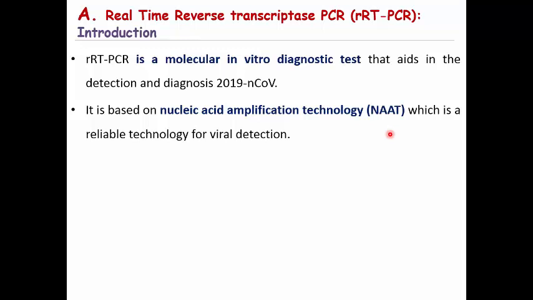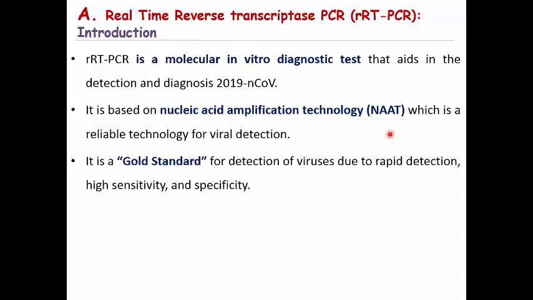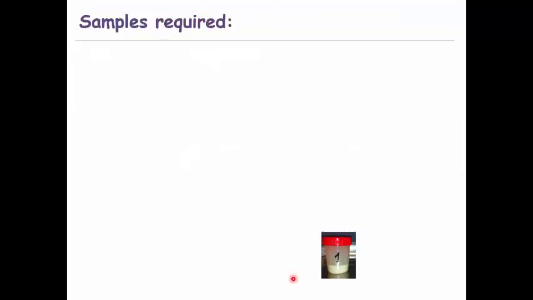Every time, RT-PCR has been found very useful. It is the gold standard for detection of any virus, when you talk about dengue, chikungunya, or swine flu. So again, for SARS-CoV-2, it is the gold standard because of its reliability, high sensitivity, high specificity, and it can rapidly detect the virus.